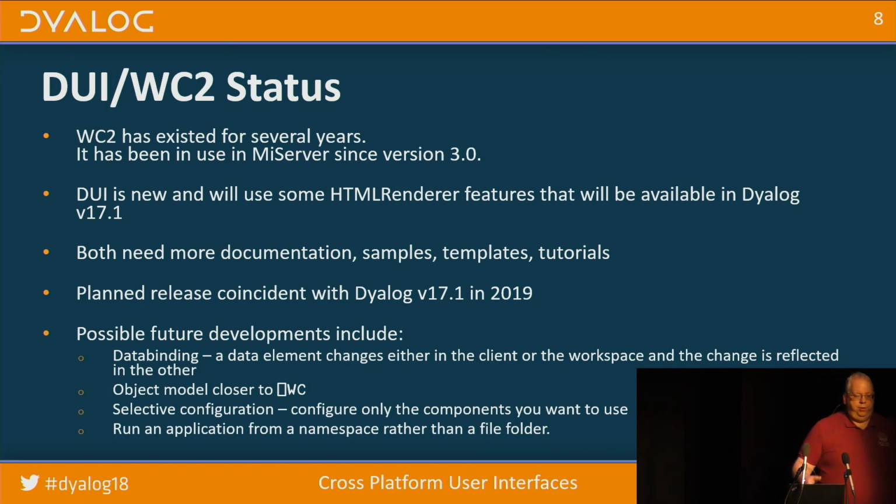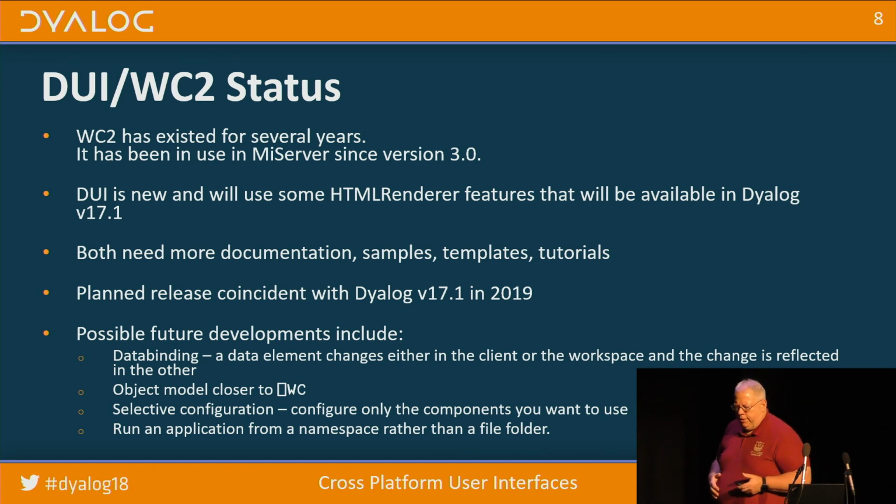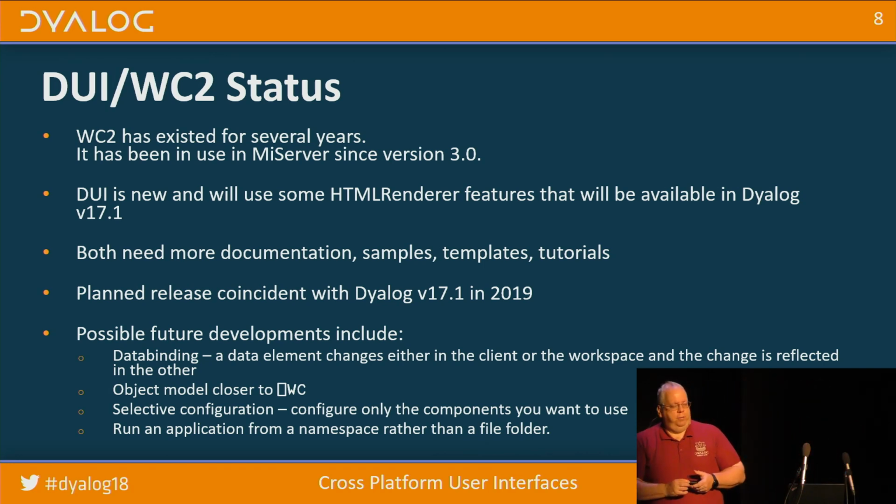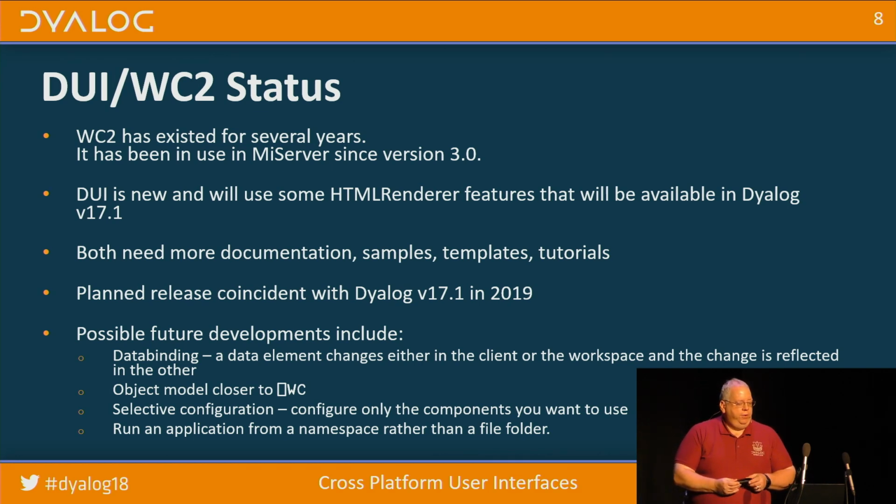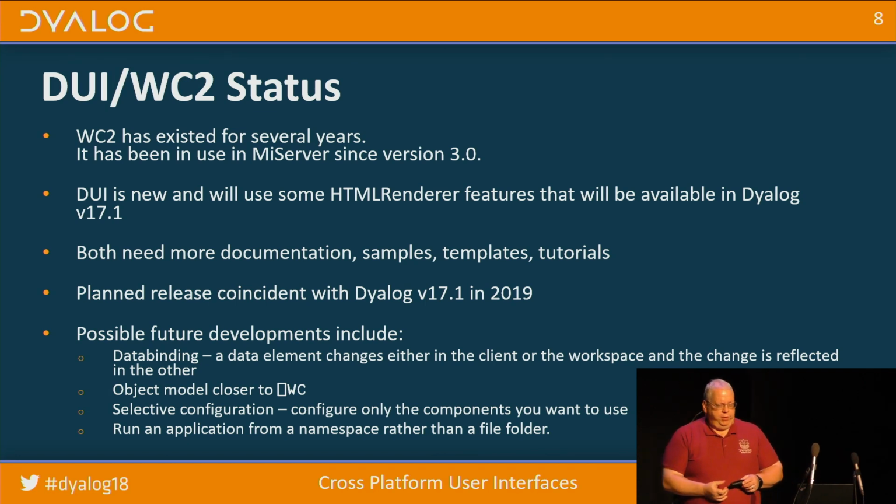Both GUI and WC2 need more documentation, and that was brought out painfully yesterday in the workshop, where one of our users who had tried to use MiServer to accomplish some things had a very difficult time navigating through the documentation that's there.